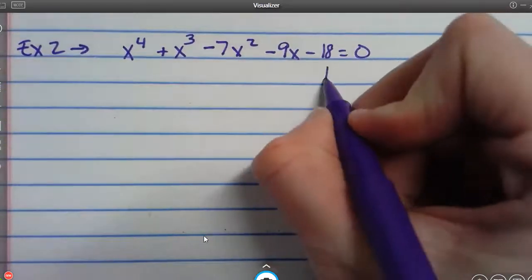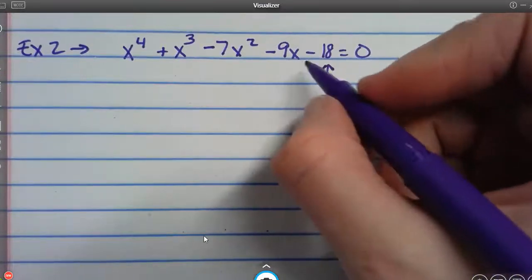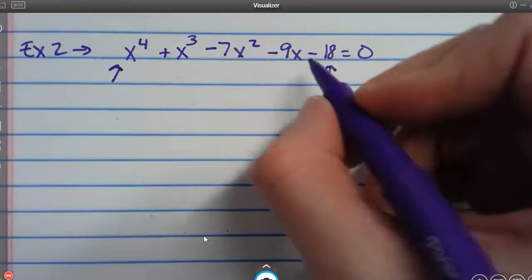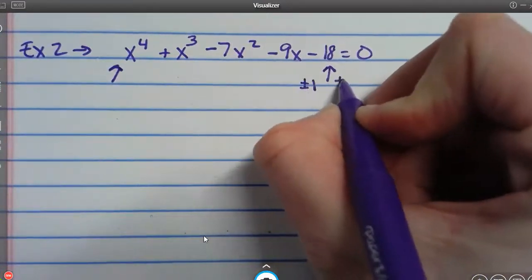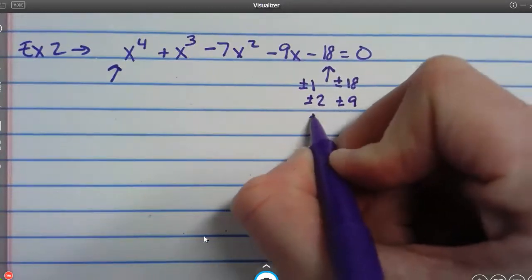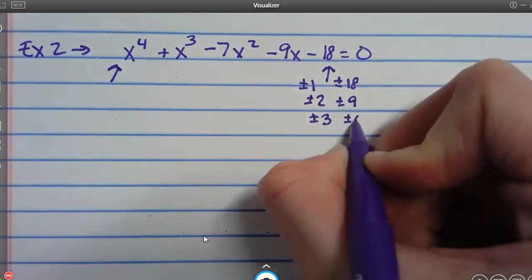I want to find my factors of 18 and my factors of my leading coefficient. So factors of 18, we could use 1 and 18, 2 and 9, or 3 and 6.